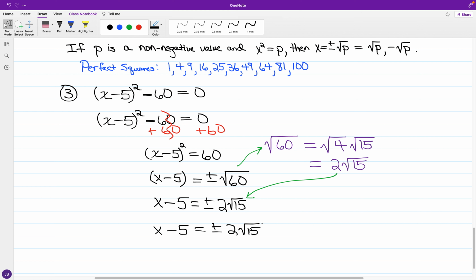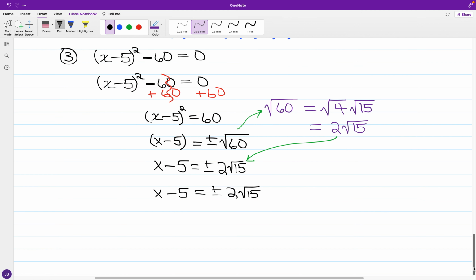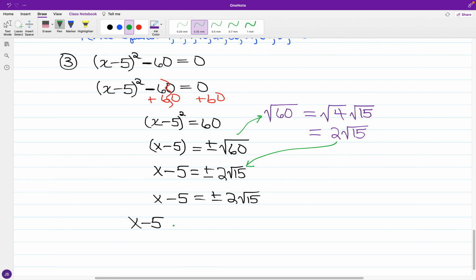Now to get x by itself, I want to get rid of the negative 5, so I'm going to add 5 to both ends. The way I'm going to lay this out, I'm going to apply plus 5 on the right, but I'm going to put this in front of the radical term.